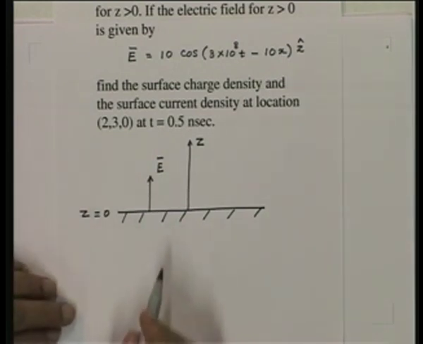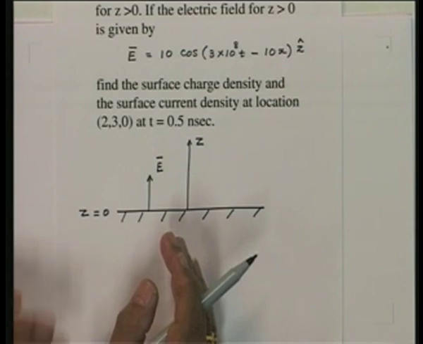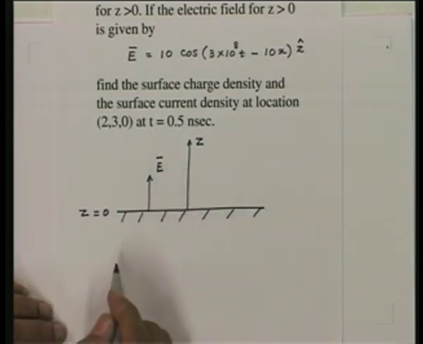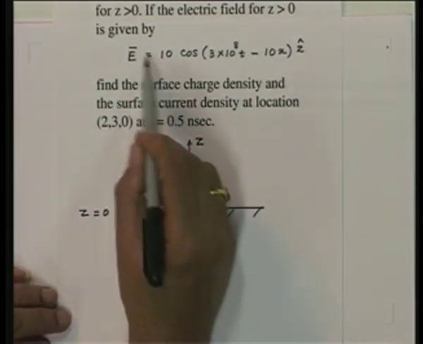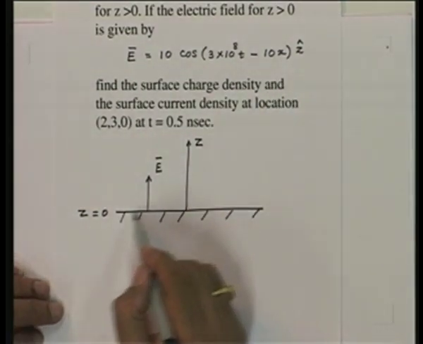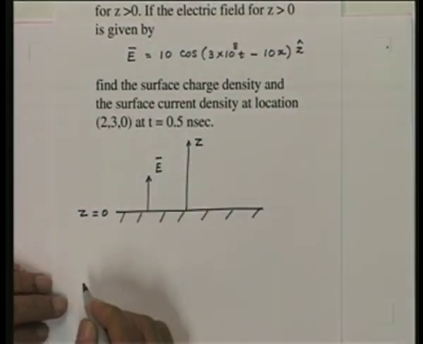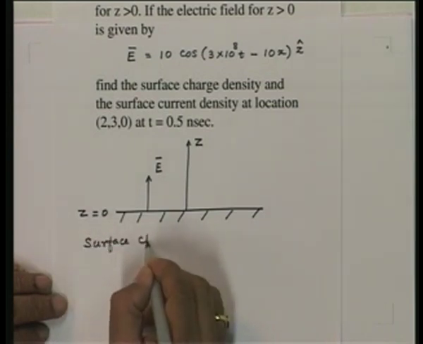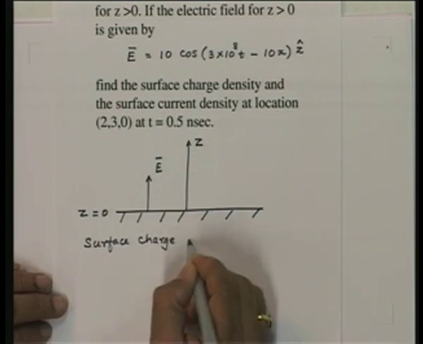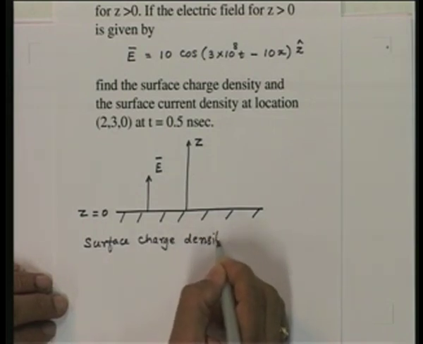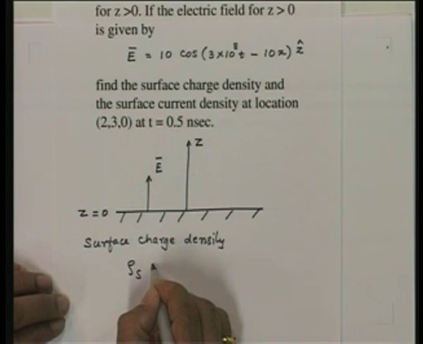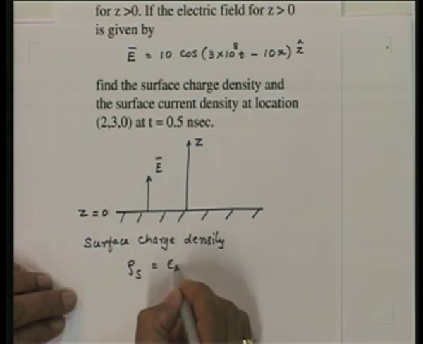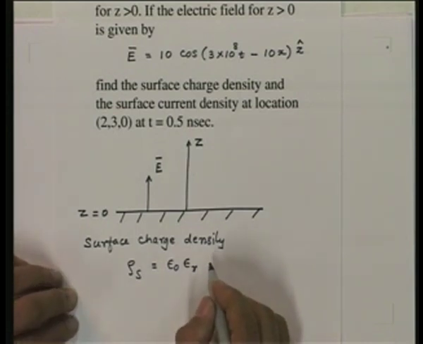Now the surface charge density essentially is related to the normal component of the electric field. Now in this case the electric field which is given here is already normal to this conducting surface. So the surface charge density in this case, rho s, will be equal to epsilon 0 epsilon r into the normal component of the electric field En.